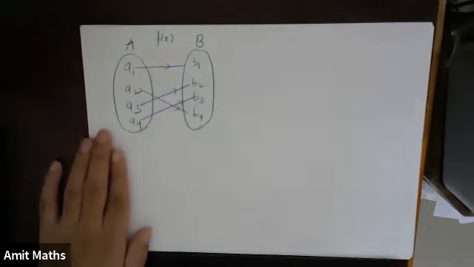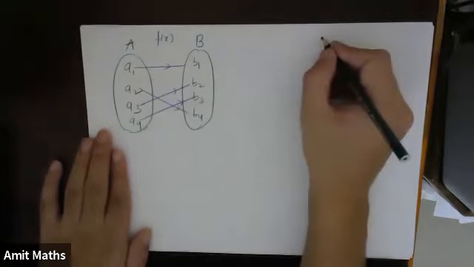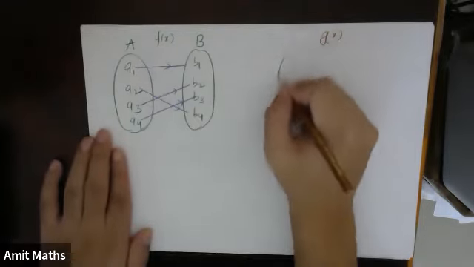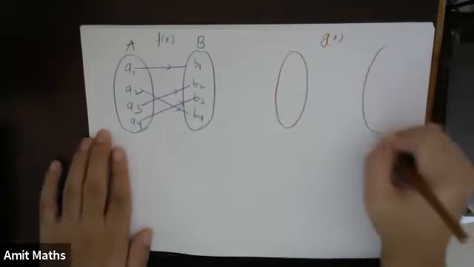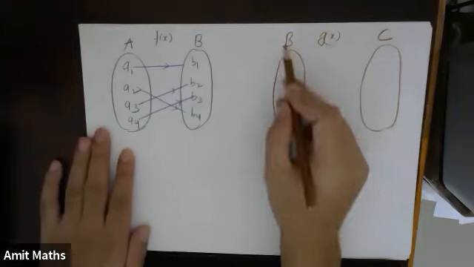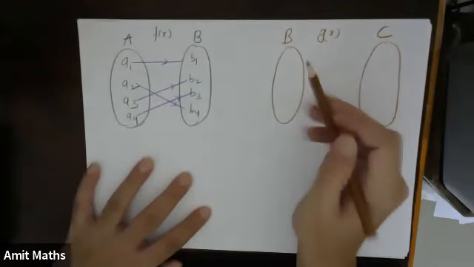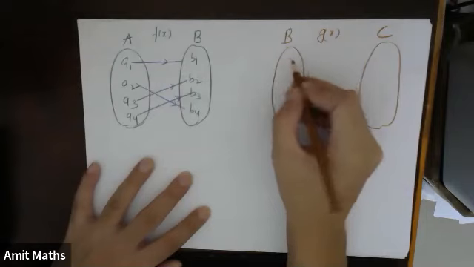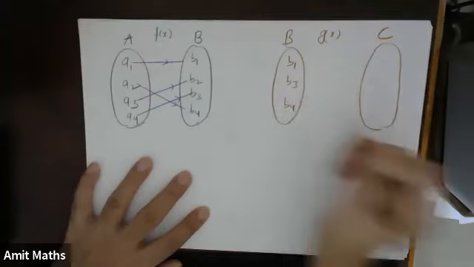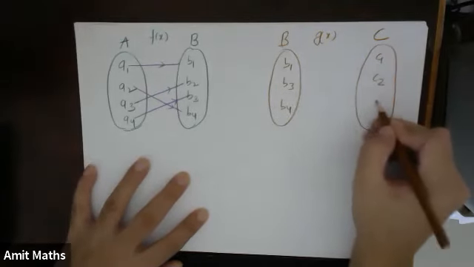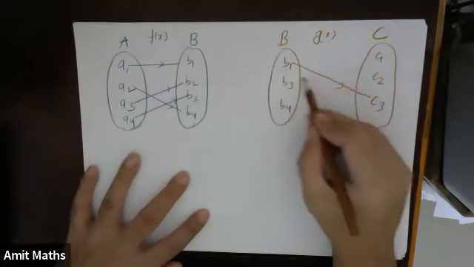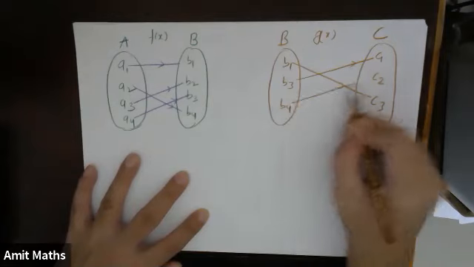And let's take g(x), a mapping from B to C, where the set is linked with elements like B1, B3 and B4 to C1, C2, C3. B1 is linked with C3, B2 is linked with C1 and B4 is linked with C2.